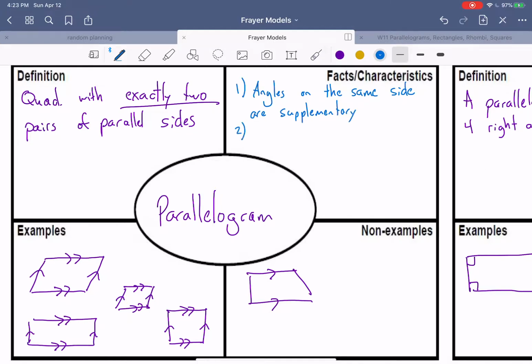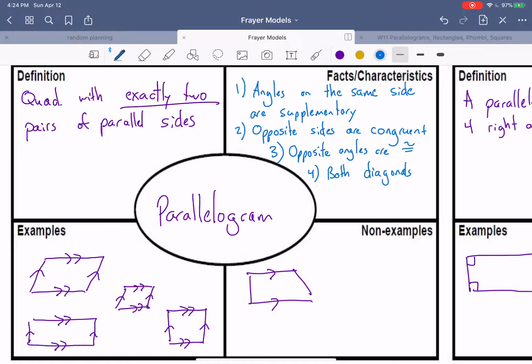We saw that we had two congruent triangles, so then we said opposite sides are congruent. We also said opposite angles are congruent. And then lastly, we said, once we draw both diagonals, both diagonals bisect each other.